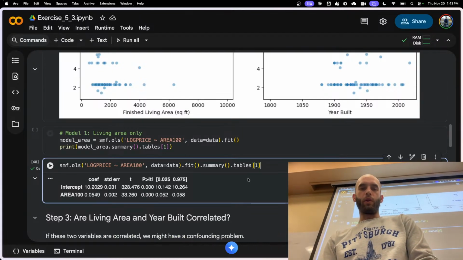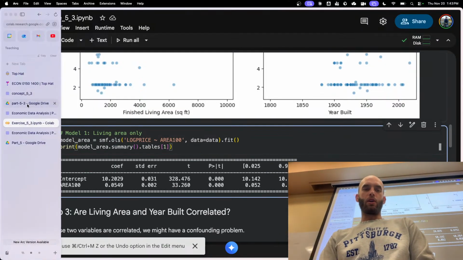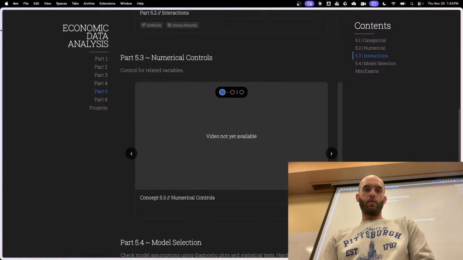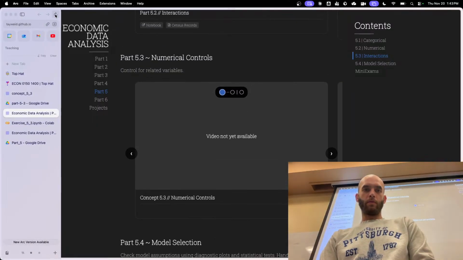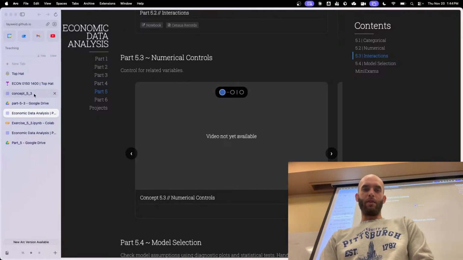Okay, so if you want to write it out, you can do it that way. I'm just going to run this with the copied code. That'll eventually pop up right there if you refresh the page.